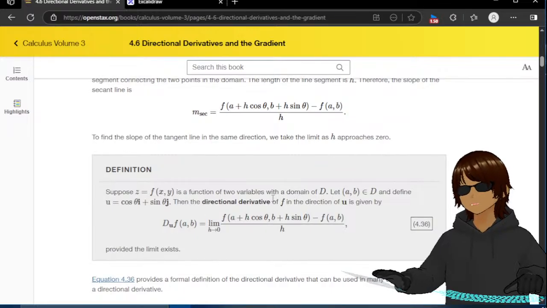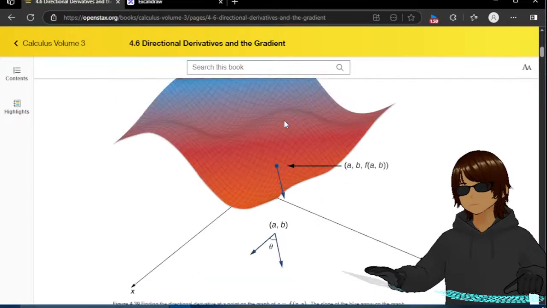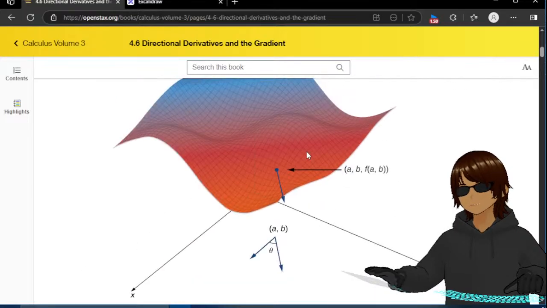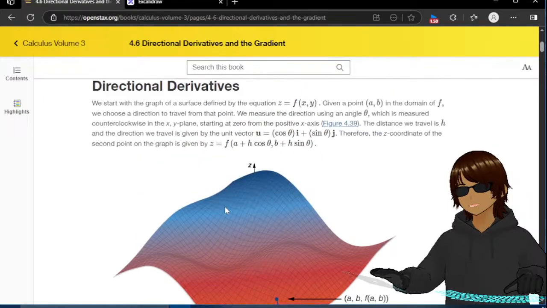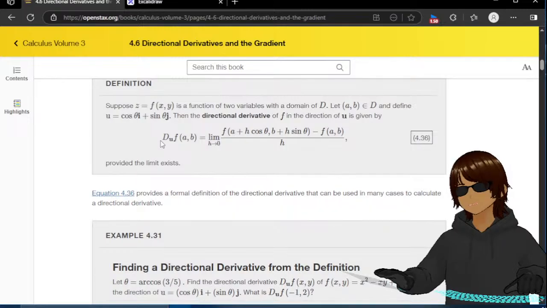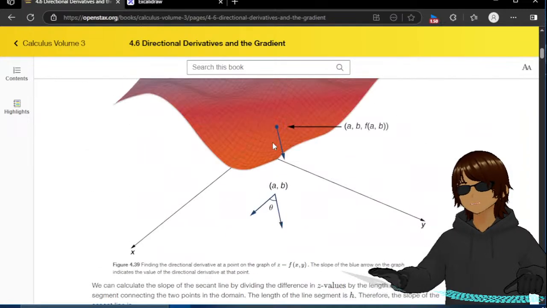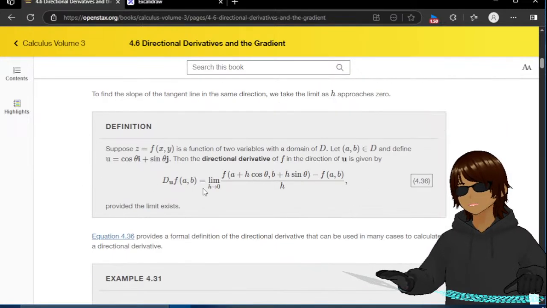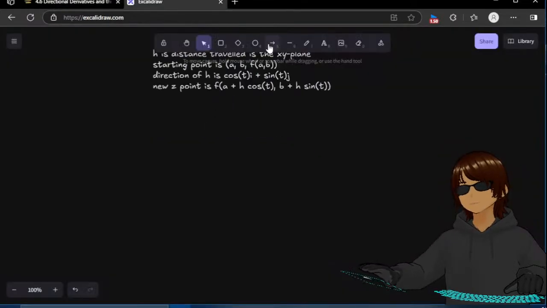Then the directional derivative of f in the direction of u is given by this. Okay. So we have this surface defined by z is equal to f of x, y. And in a particular u direction, the instantaneous change in z would be given by the directional derivative.